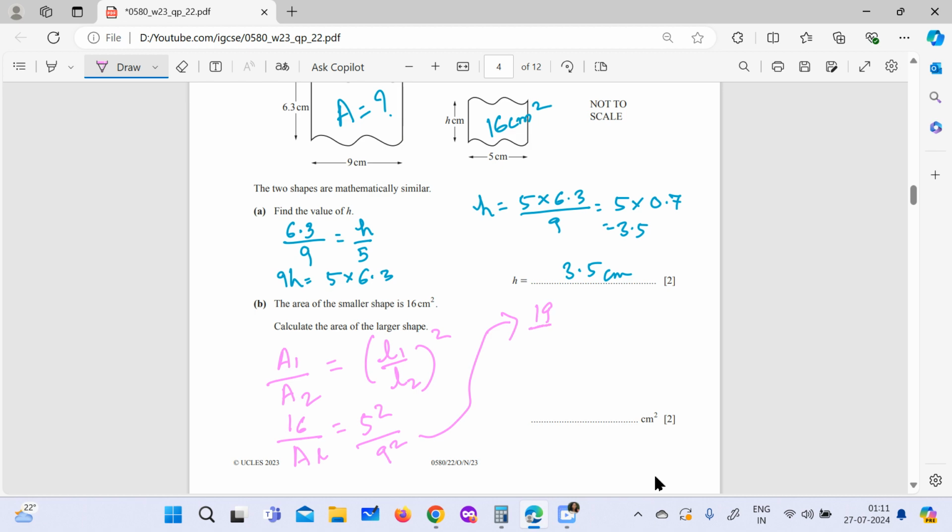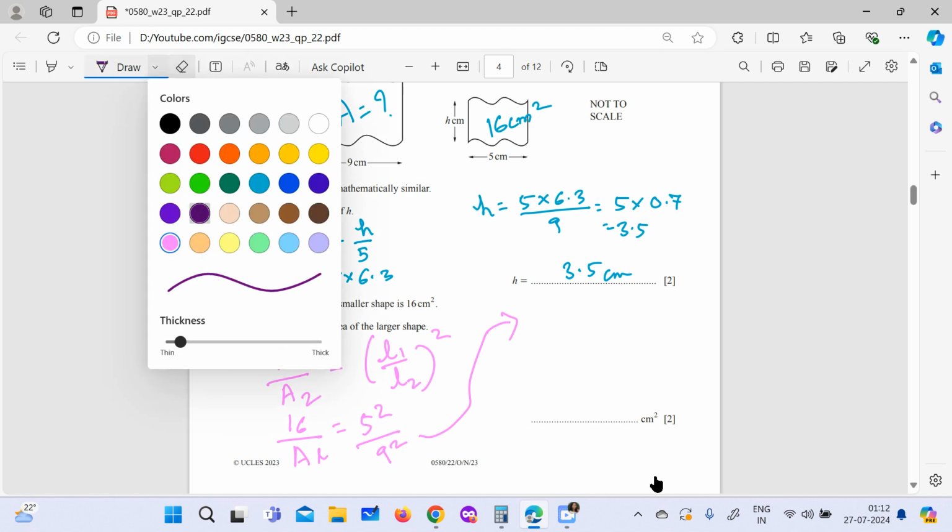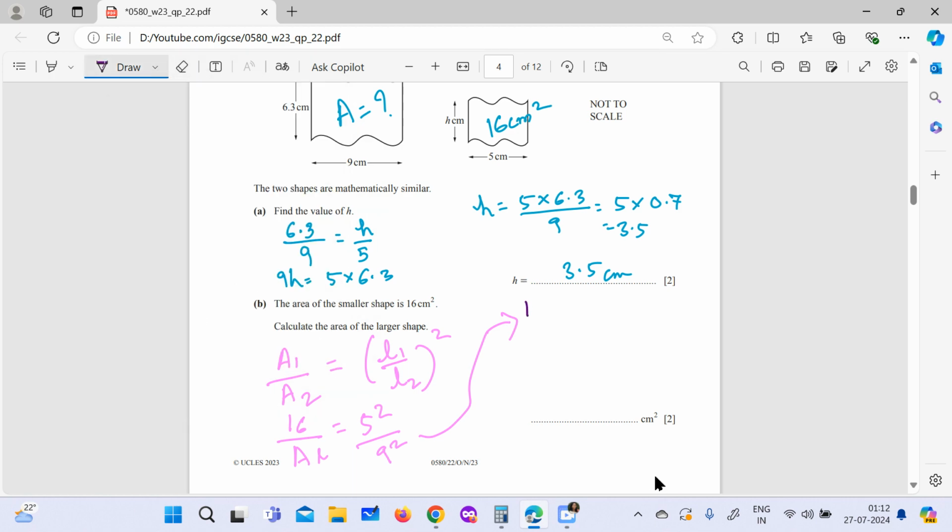Sorry, this is 16, I wrote it 19. So 16 over the area of the larger shape is equal to 25 over 81. Now you can cross multiply: 25 times the area of the larger shape equals 16 times 81.